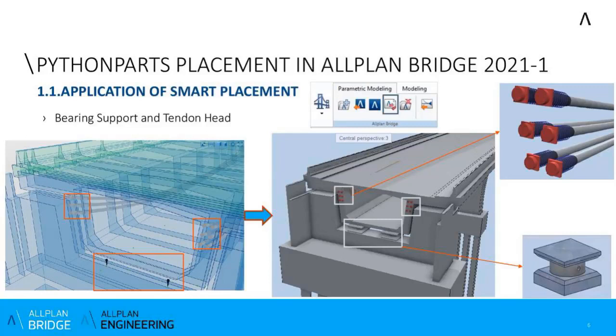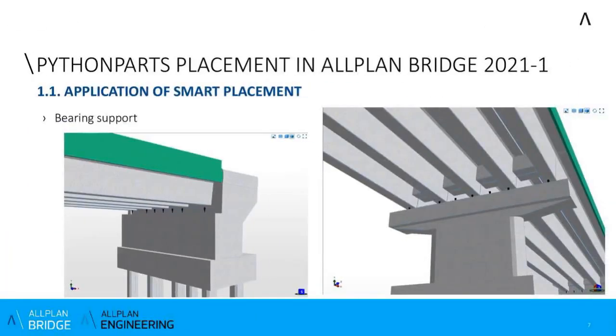So then you can get the full model with a complex shape like that. Or the other bridge looks like this. You can specify where we should place the bearing support, for example.